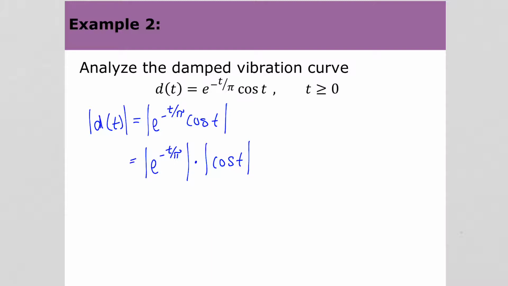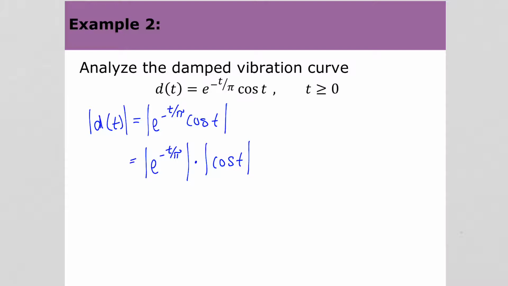Now, the absolute value of cosine of t is always going to be less than or equal to 1, and it's positive. So we can take out the cosine of t because we're just talking about absolute value, and we don't have to worry about it.